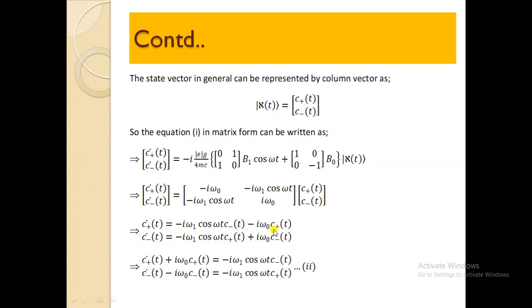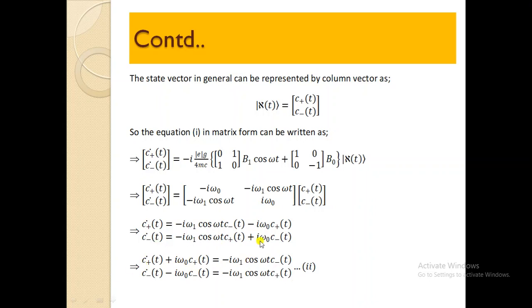Again we will rearrange: the plus terms we will bring to the same side, and the minus terms we will keep on one side, so that we can find their solutions easily, or check easily whether the solutions are homogeneous or not. So for that we have taken c plus t from the left hand side, so c plus dot t as it is, and this minus goes to the left hand side and becomes plus: minus I omega naught c plus t becomes plus I omega naught c plus t, and this is as it is.